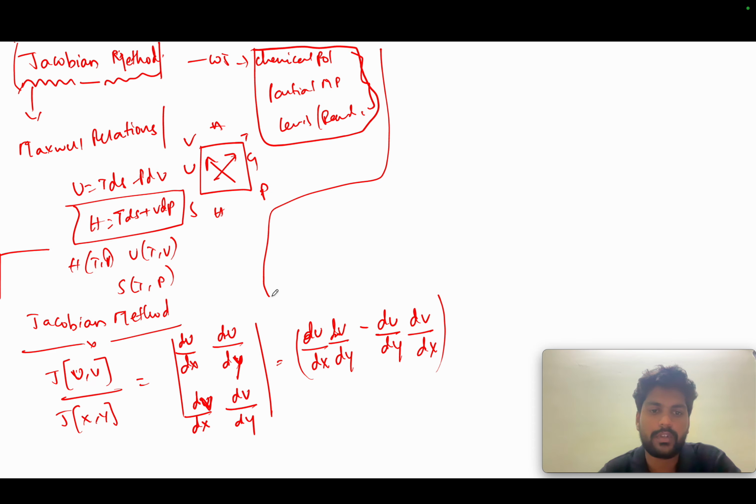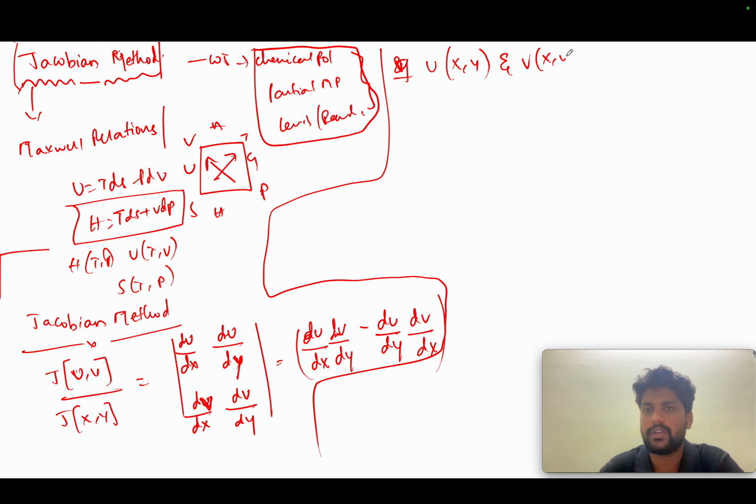What I mean to say here is, if u is a function of x comma y and v is a function of x comma y, then the Jacobian is the determinant of these things, and the Jacobian has some properties.